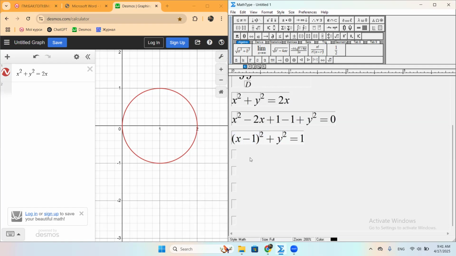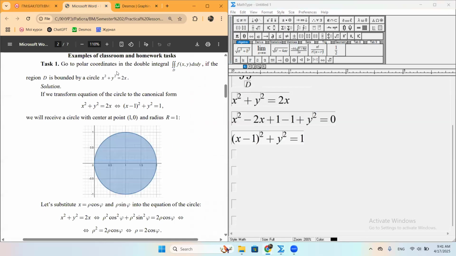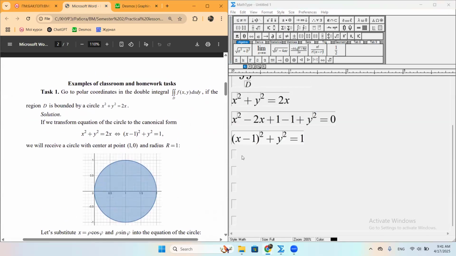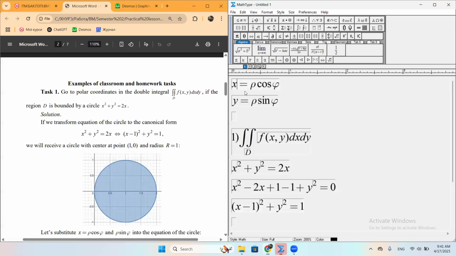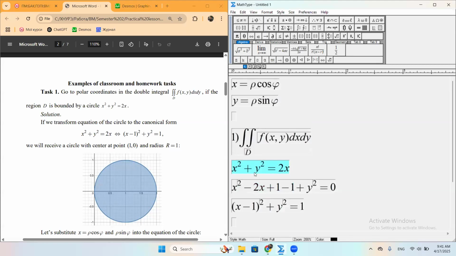So received. And now let's substitute the variable. With using these formulas, we will express our region of integration in polar coordinates.